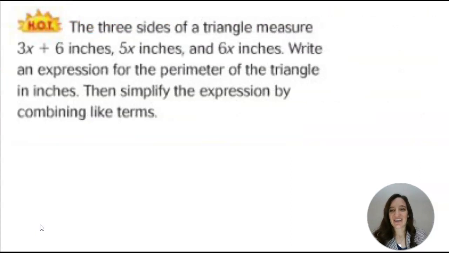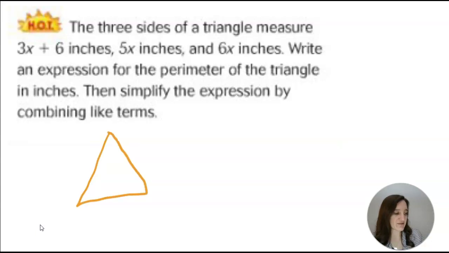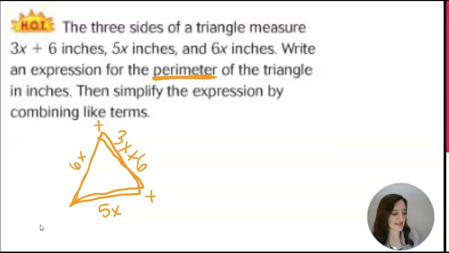All right, here's our thinking problem. The 3 sides of a triangle, let me slow down. 3 sides of a triangle measure 3x plus 6, 5x, and 6x. Write an expression for the perimeter. Perimeter is the fence, right? It's where we add everything up. Then simplify the expression. So we've got to add all these up.